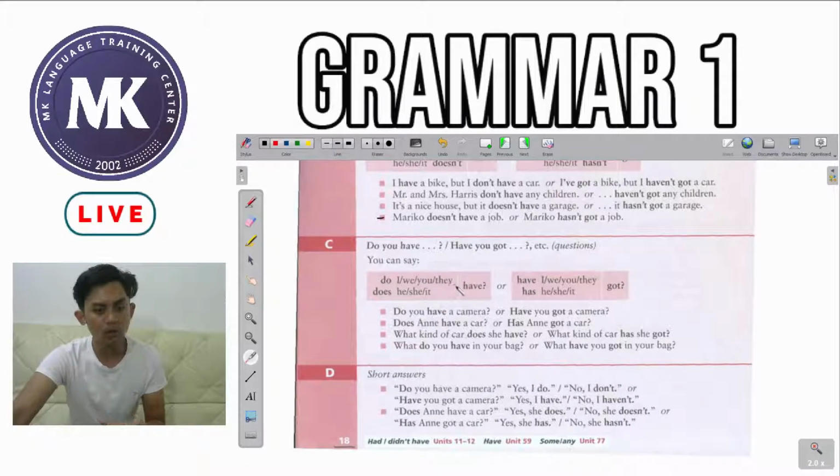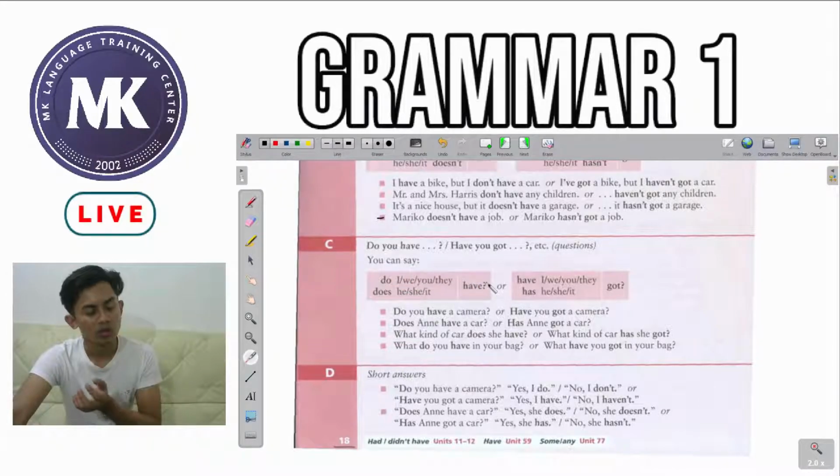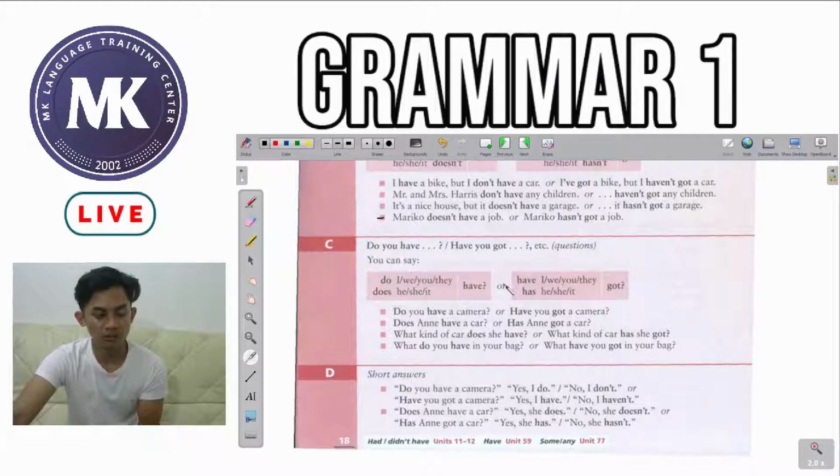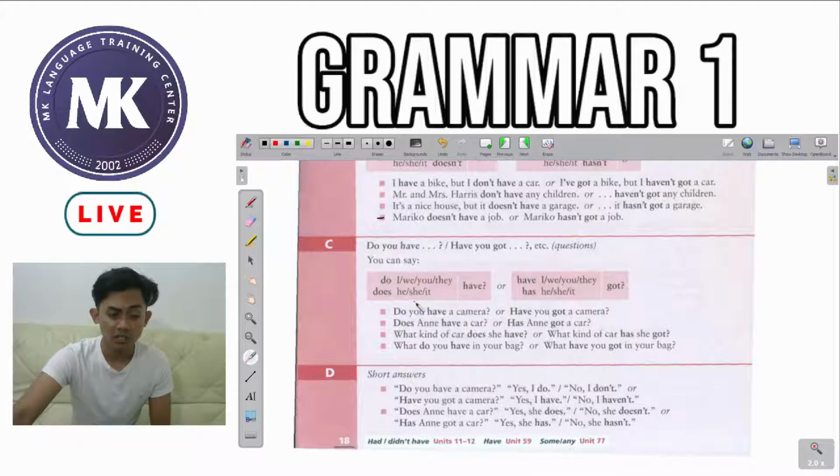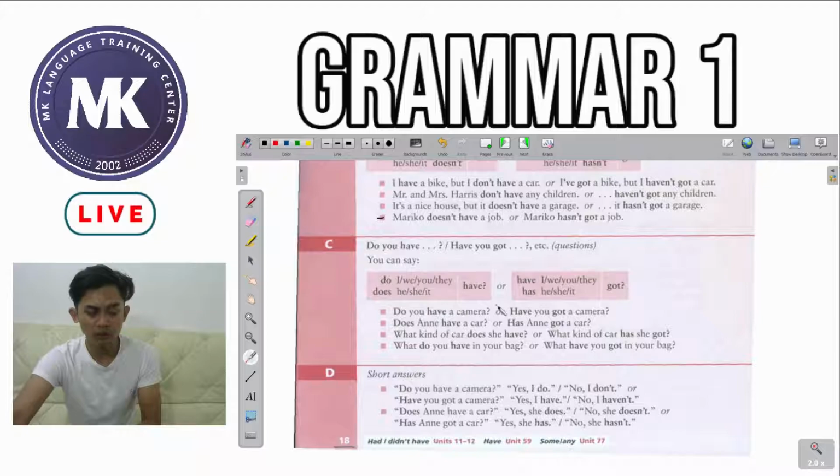And please take note that we use do before the pronoun and the verb have. So do I, we, you, they have, then what you're asking about. For the pronouns he, she, it, we use does and have. So does she, he, it have, then the thing you're looking for.